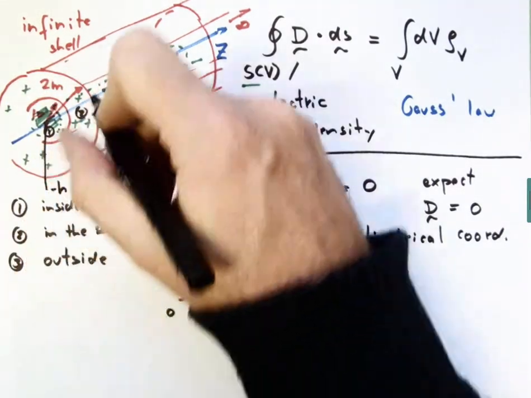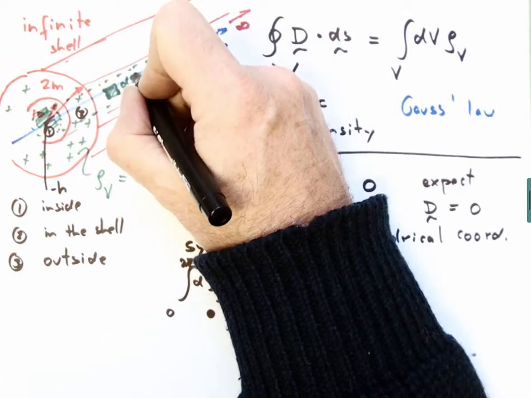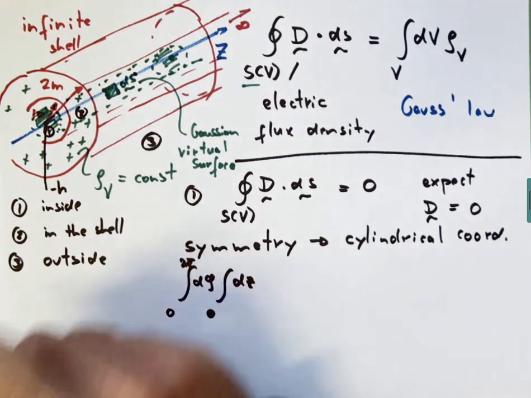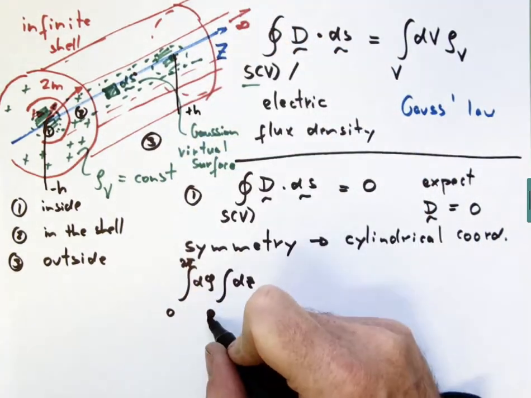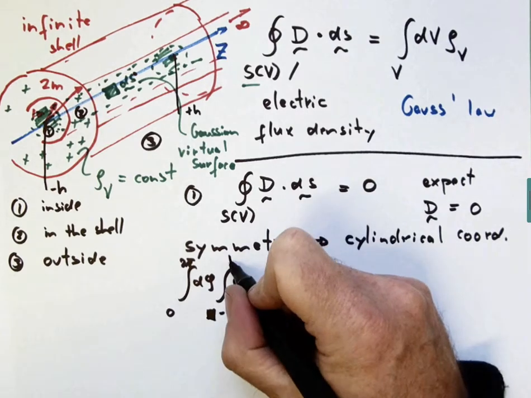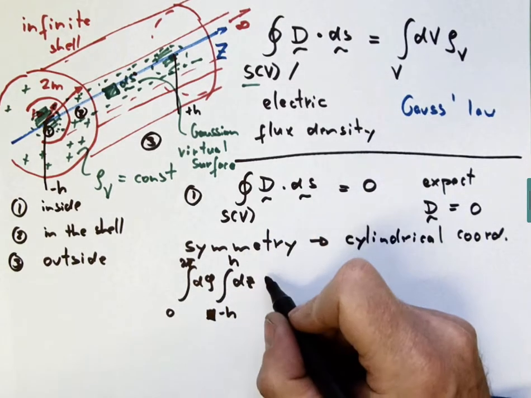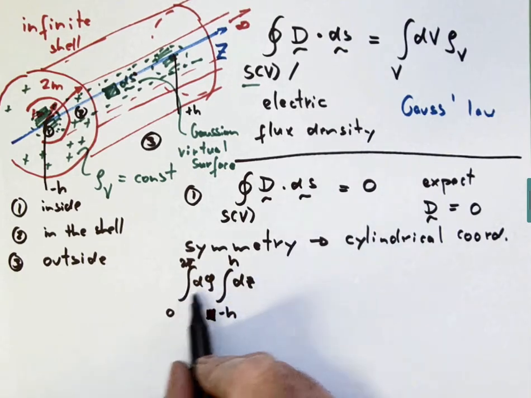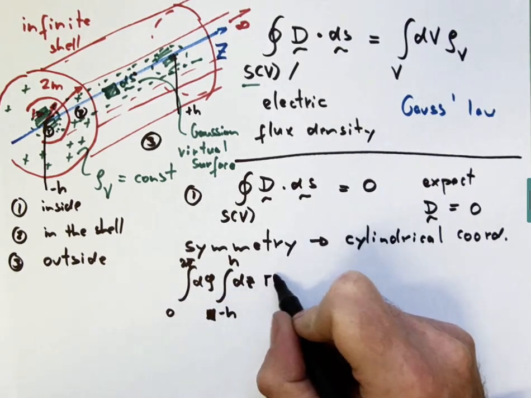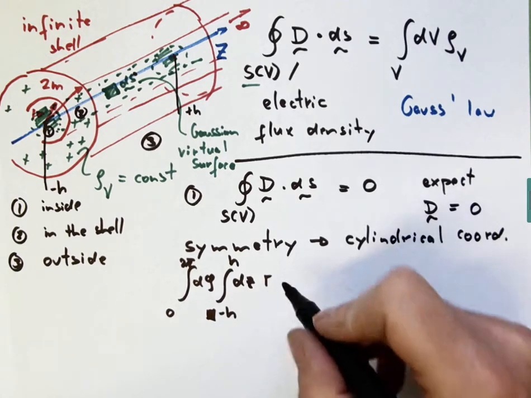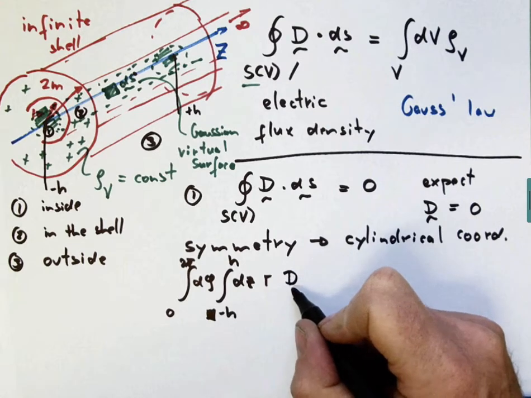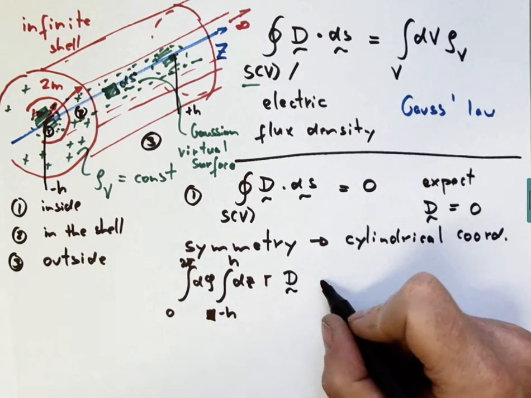So let's say we've got the origin of this, we have the cylinder on either side of the origin, then we've got a minus h and a plus h, so we're integrating from minus h to plus h. And in addition to the dz, as one could look up, the surface differential dS includes an r, the radial coordinate, and we're integrating over D, and we want to know what that is.